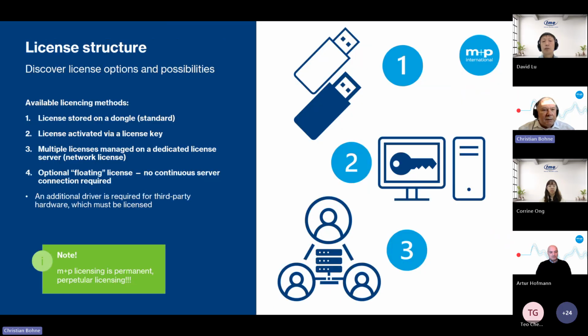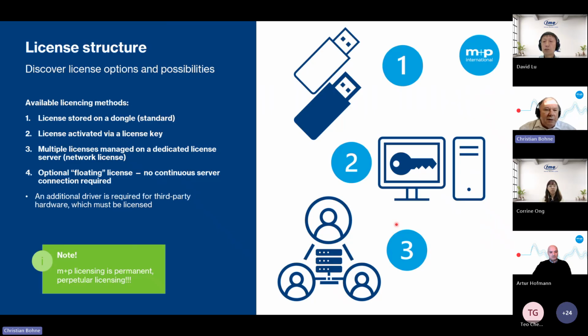The licensing is available. Usually, it's coming with a USB dongle. So wherever you install the software in combination with the dongle, it works. We can also give a license key, so a soft code like we will do with your trial license. And optionally, we also have, let's say, server licensing.